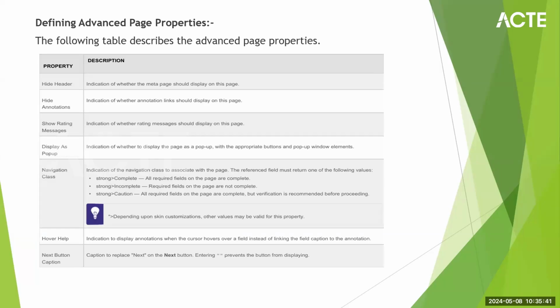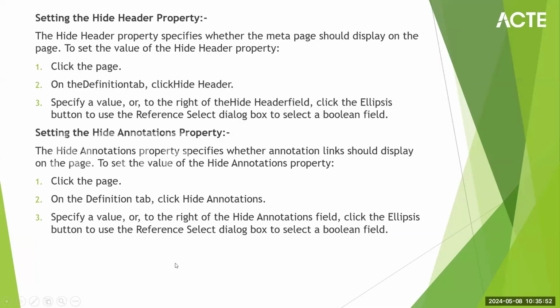Defining advanced page properties. These are some of the page properties which are available, not normal ones but advanced page properties. Setting the hide header property. Suppose you don't want to display the header for a particular page, you want to hide it only at a particular time.